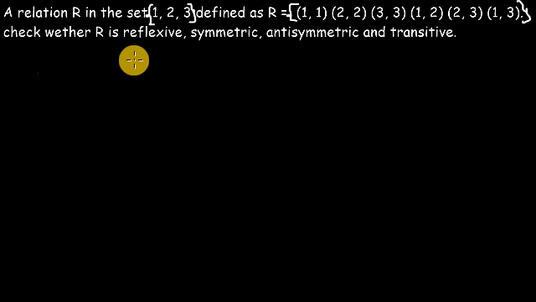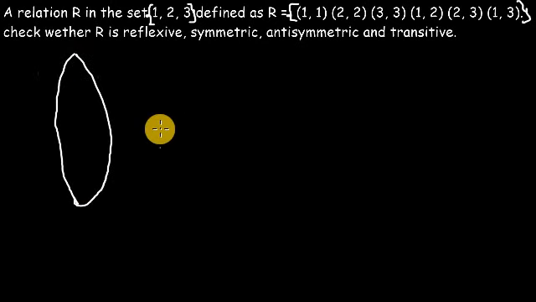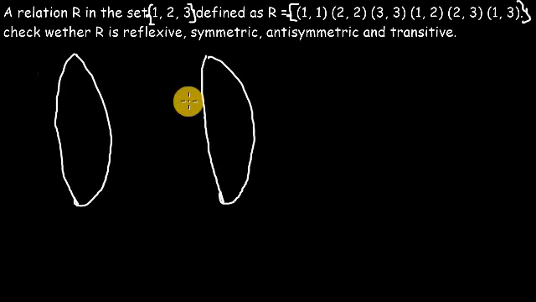So the first thing we'd like to do is to represent that relation, which is in the form of set notation, using an arrow diagram. That will make it easier for us. So I'm going to draw my first set over here, and the second one beside it. Let's just continue with that.